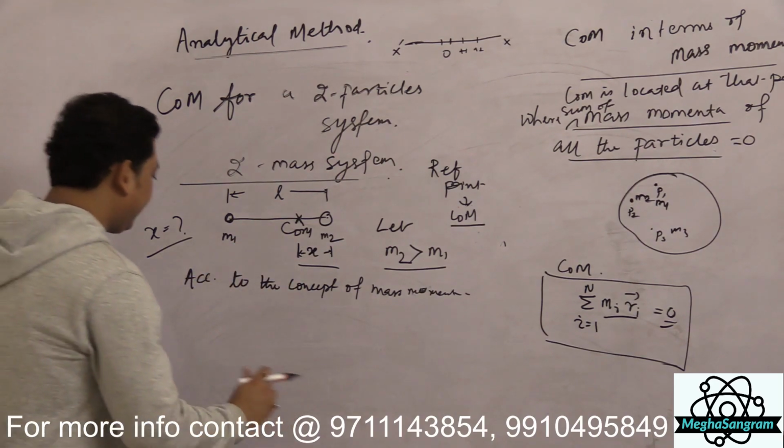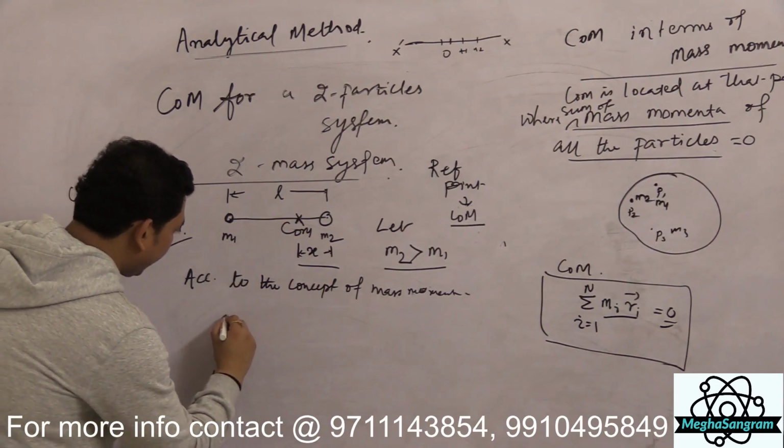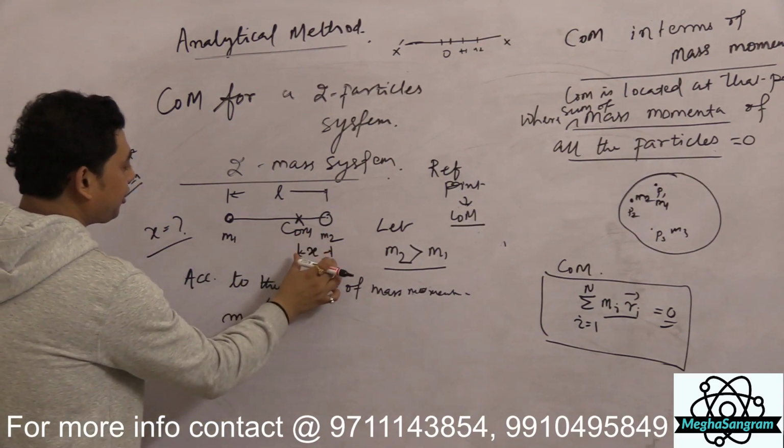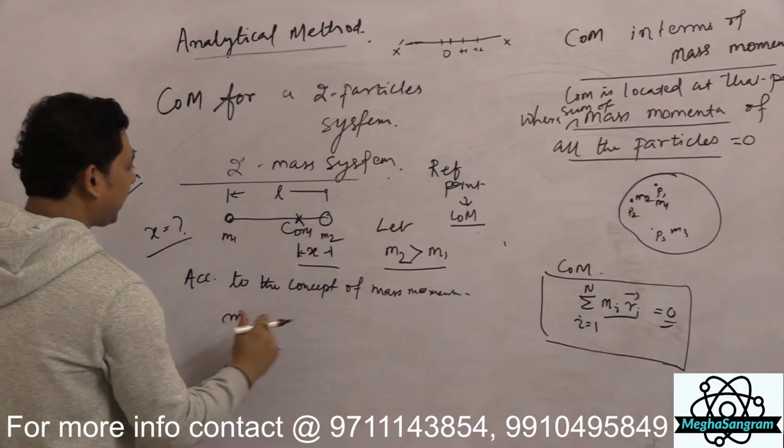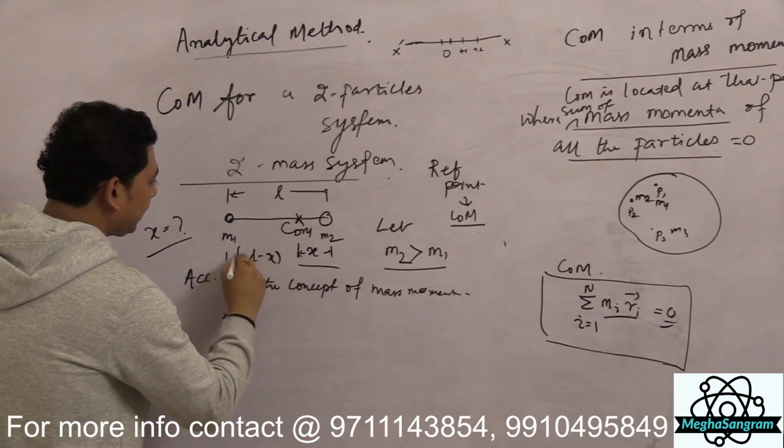All right. So according to the concept of mass moments, m1 into, if this distance is x and the total is L, then this would be L minus x, okay.